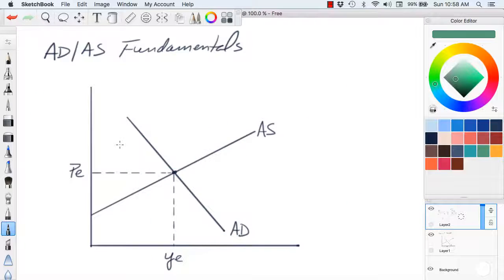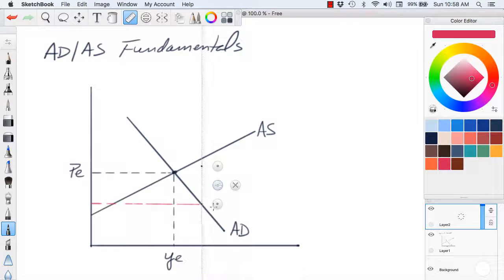Okay, so let's do the flip side here. Let me very quickly get my ruler out again, and we're going to do the other side of this. We'll go here and we'll go with a different color. Say the price level is too low. What's going to be the effect if the price level is too low?